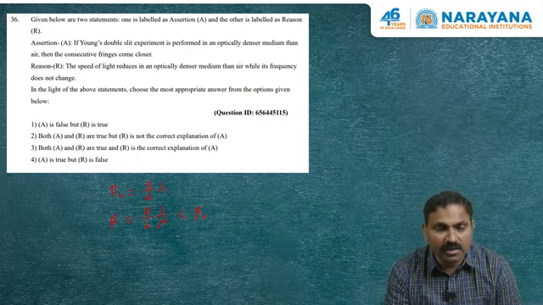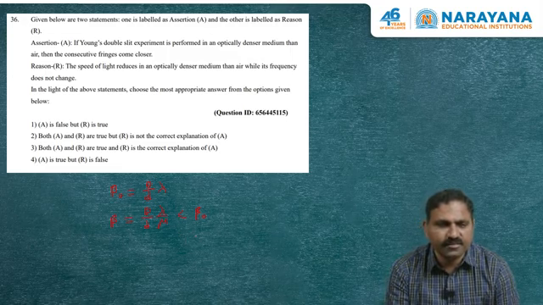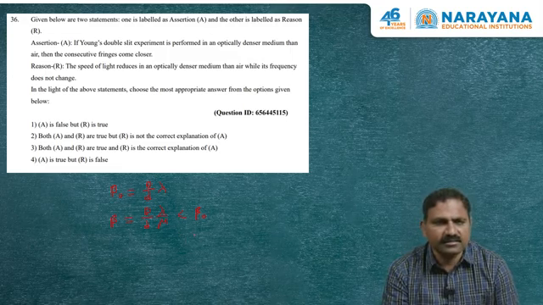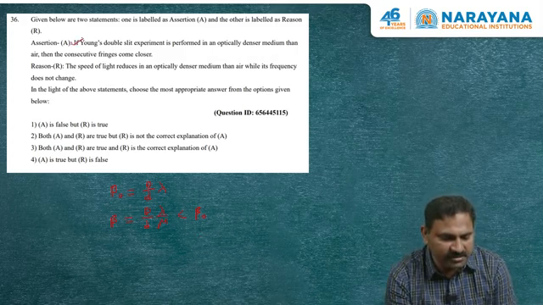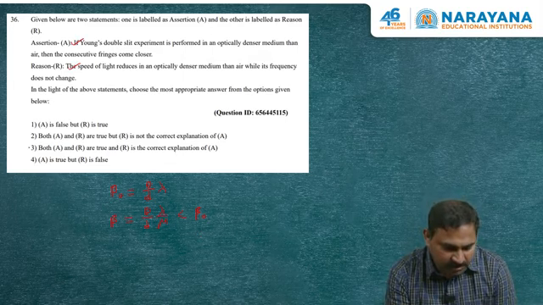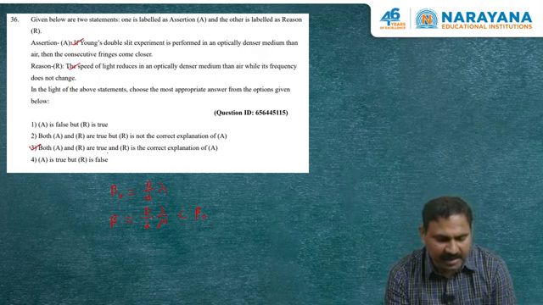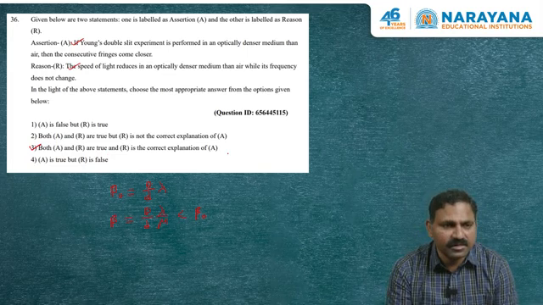This is because wavelength of light will be reduced in the medium having some refractive index mu. It is because speed of light is less than that in the air medium. So here first statement is correct, second statement is also correct, and second statement is the correct explanation of the first statement. So answer comes out to be third option here. Both A and R are true and R is the correct explanation of A. Let us go to the next question.